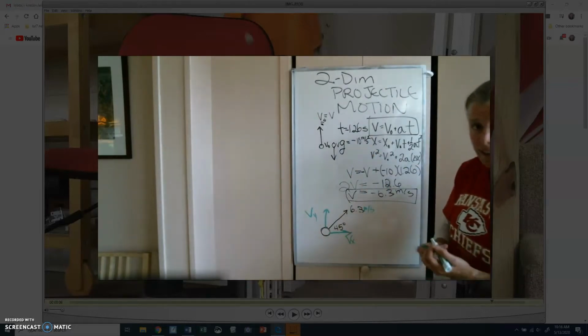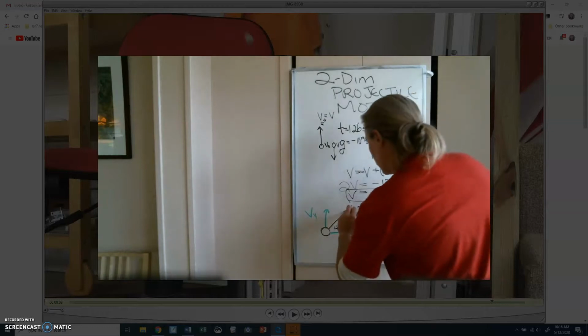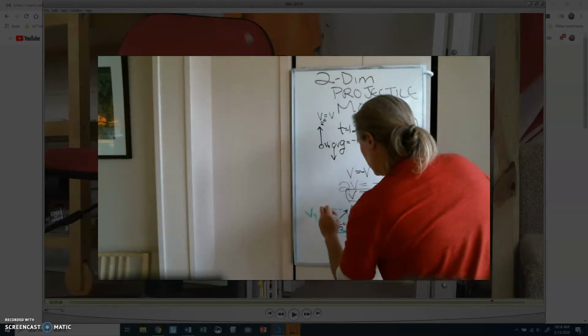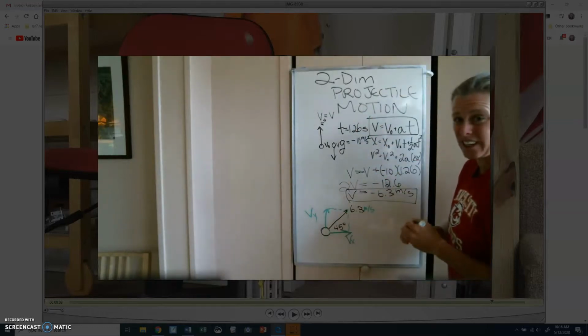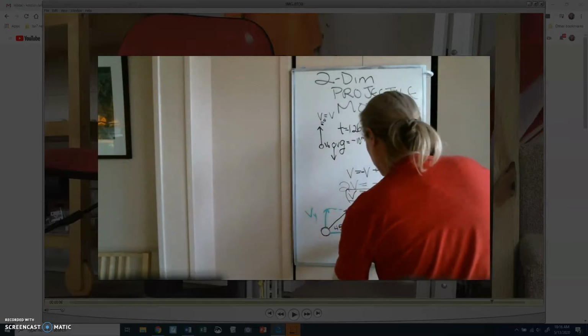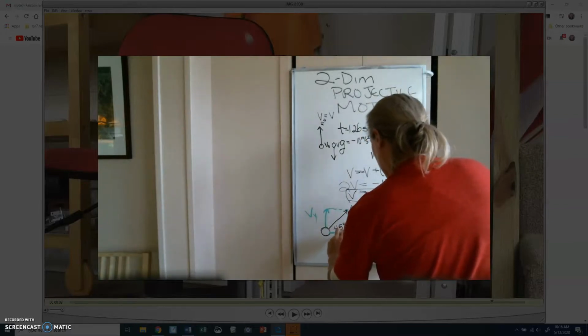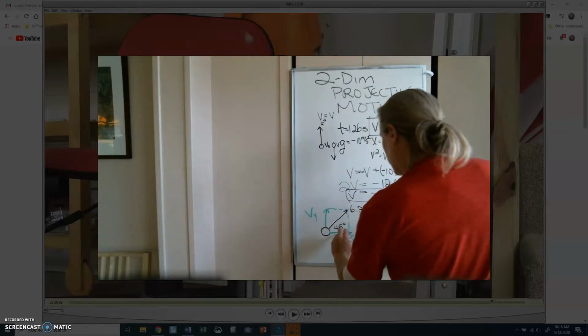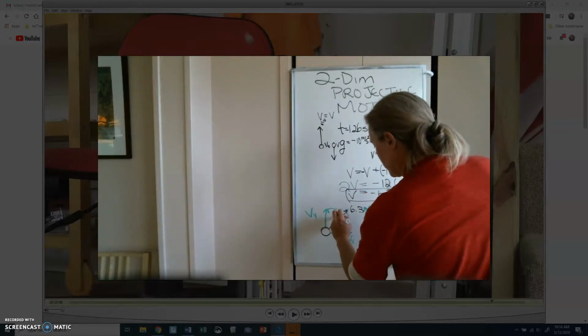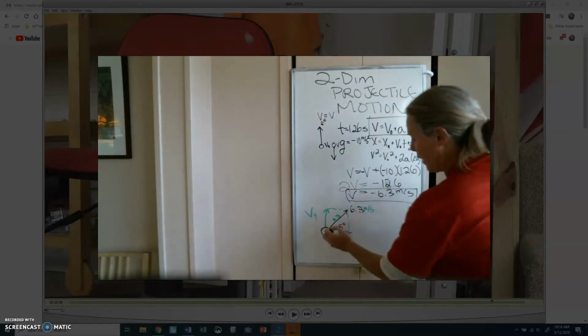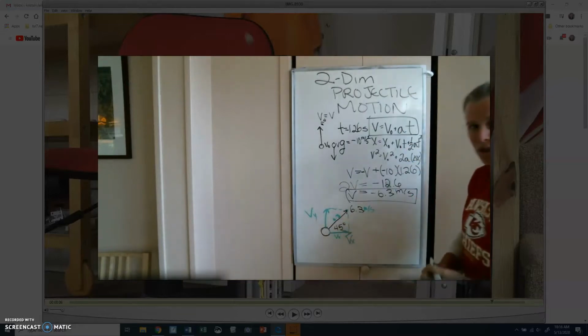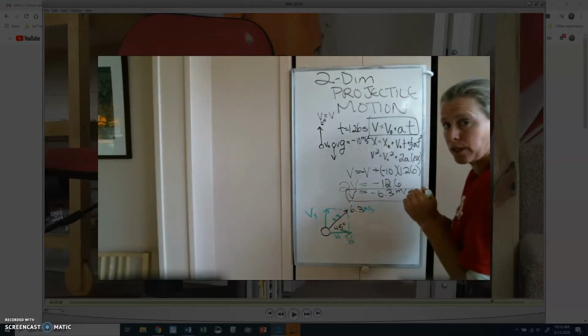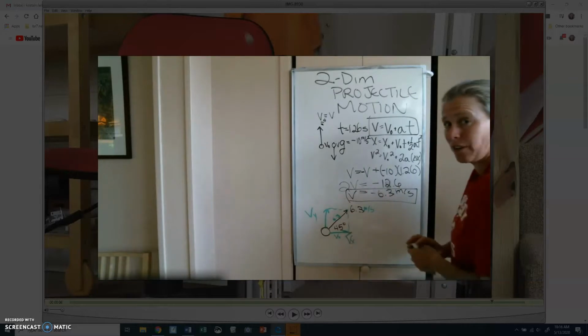And how do we find that? We find it using trig. So in this scenario, Vx is the side, and I know the hypotenuse, 6.3. I can find this using trigonometry, and I'm going to show that trig on the next video.